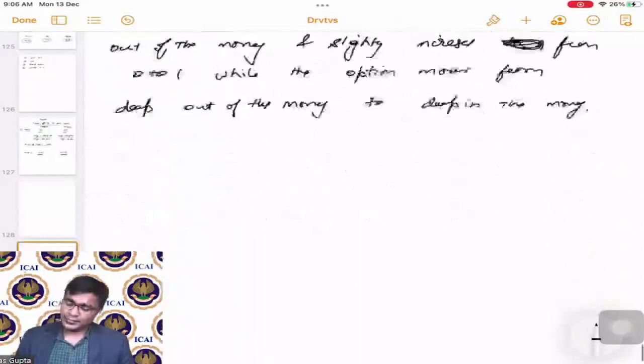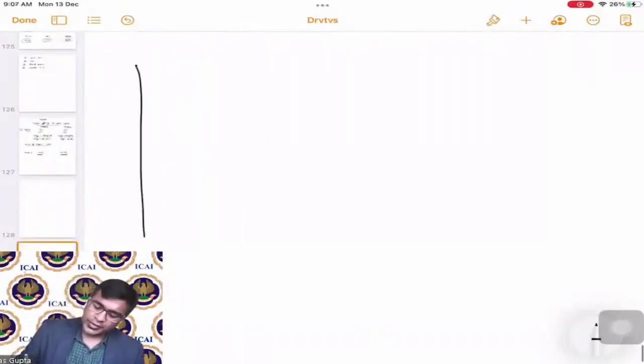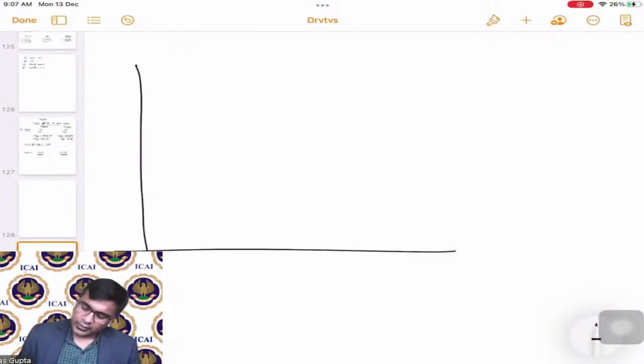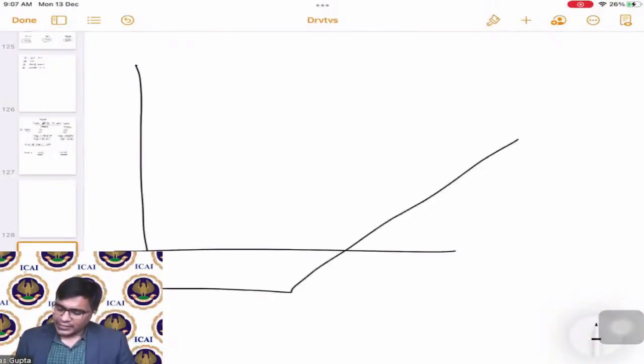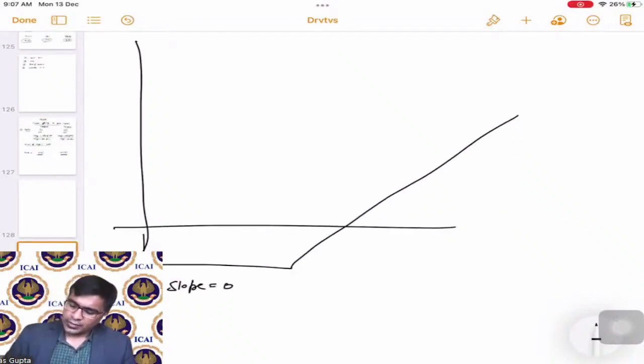can we say that, let me draw this diagram again here. This is there, correct? Can we say that this is nothing but the slope of this line? Because here, if you see, slope is equal to 0, correct? And here, the slope will be somewhere greater than 0, correct?